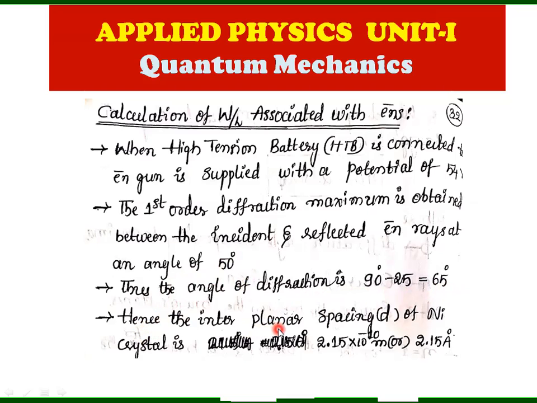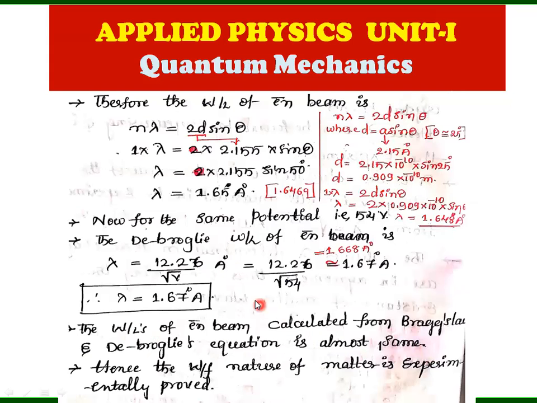Hence, the interplanar spacing d of a nickel crystal is about 2.15 angstrom. Therefore, the wavelength of the electron beam according to Bragg's principle is 1.65.